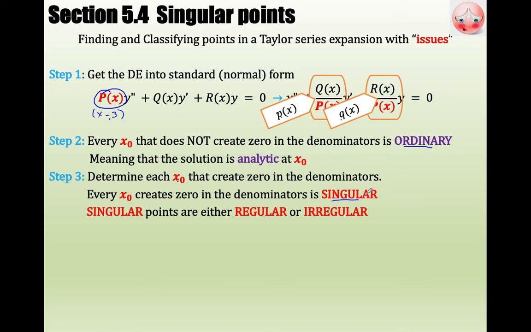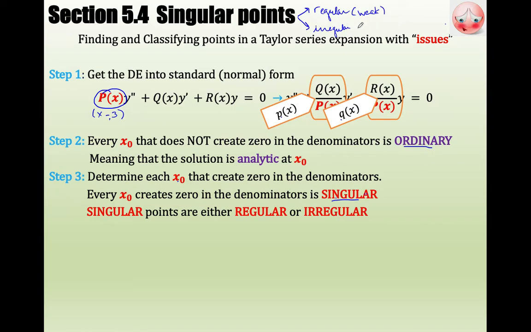If you are singular, singular points can be classified as either regular or irregular. If we're going to have an issue, we would rather have a regular issue. That comes from our weak singularities.